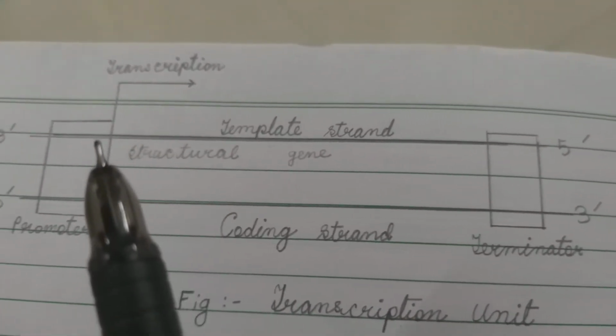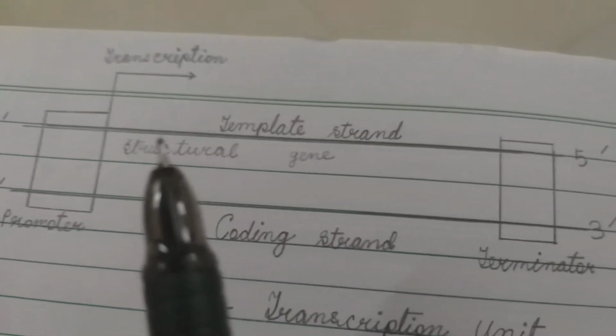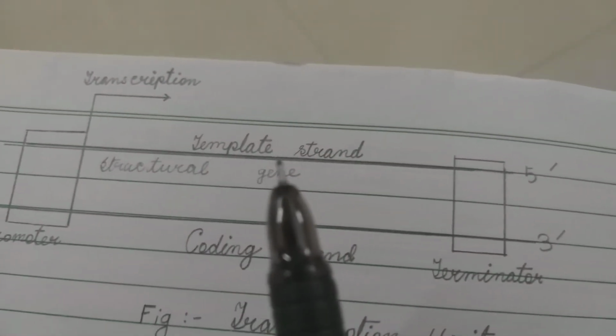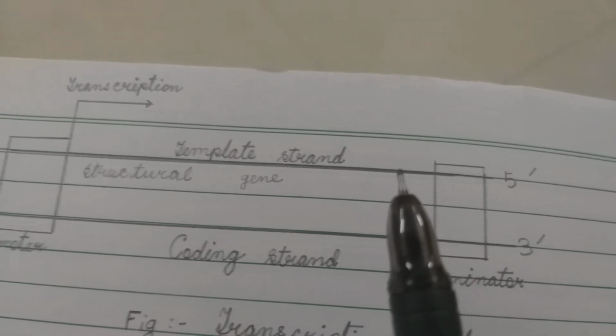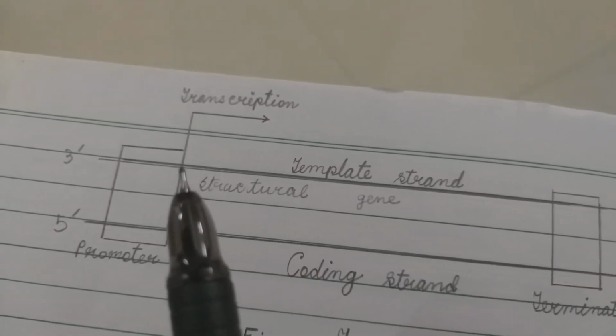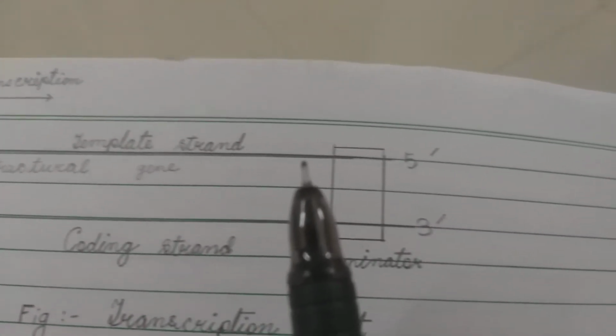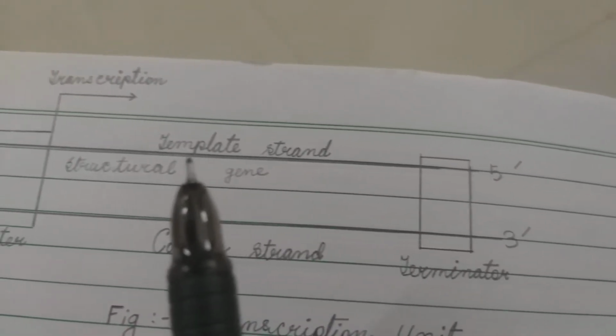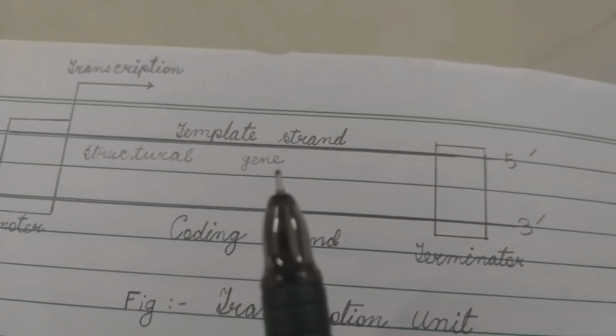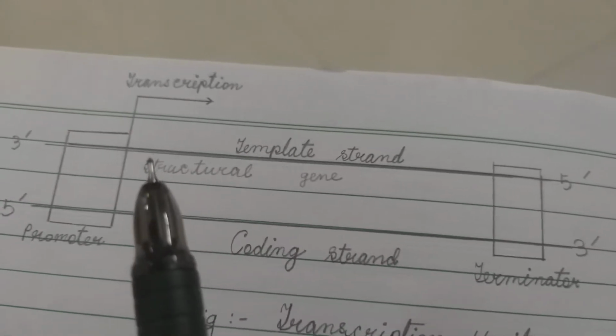Now, in between the promoter gene and terminator gene, this is the sequence of DNA of the 3' to 5' strand which is called the structural gene.